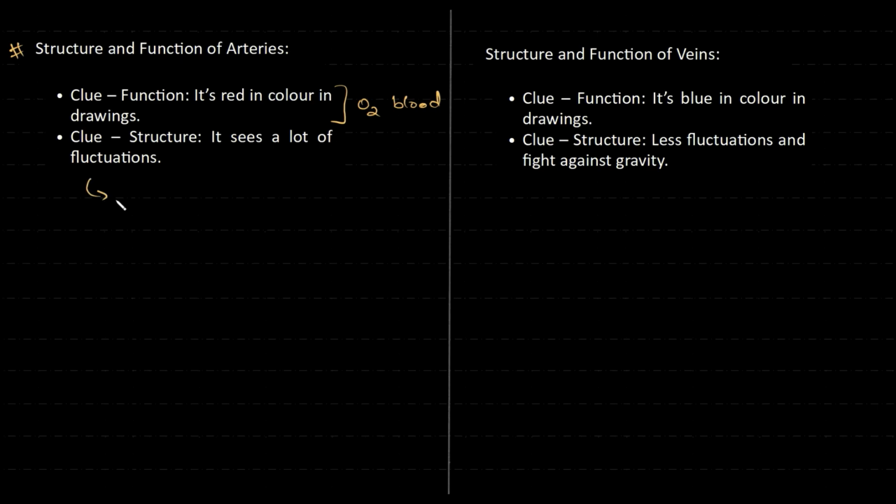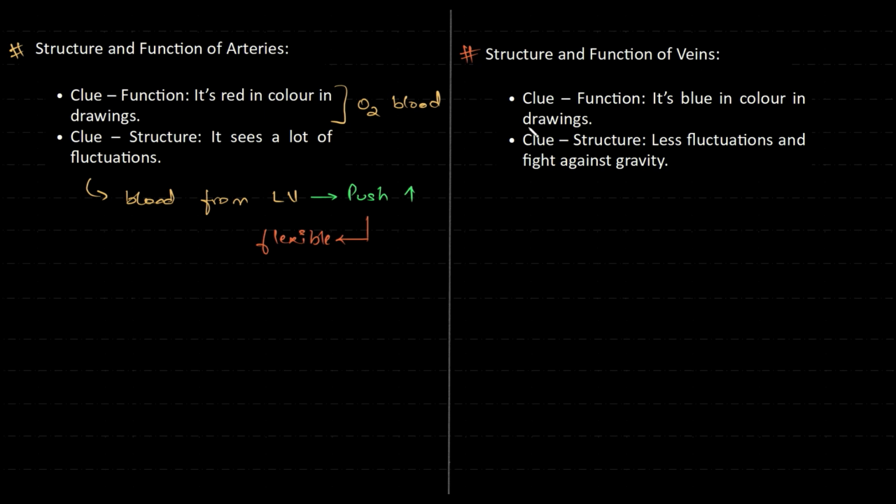Let me write it over here. So blood from the left ventricle, is it not? And the left ventricle is pretty strong. So the push is large, and for that reason, this structure has to be flexible. It has to be a lot flexible, right? You can reason it out and learn.